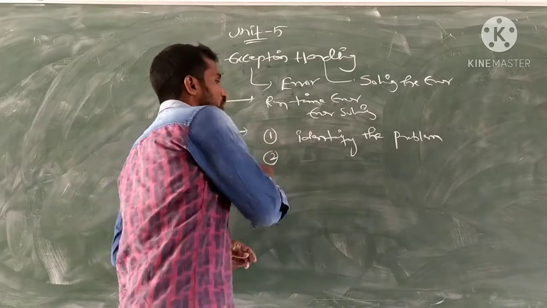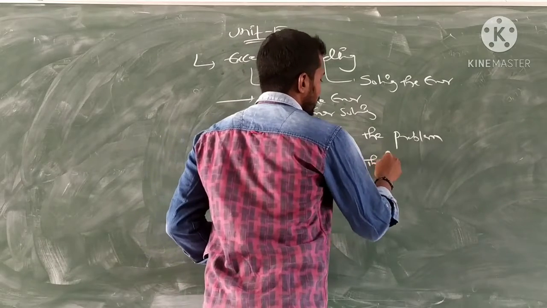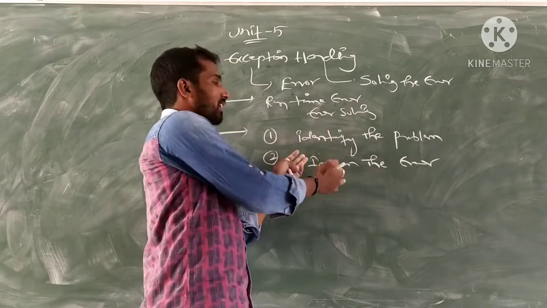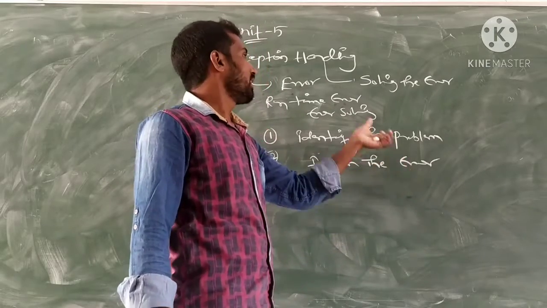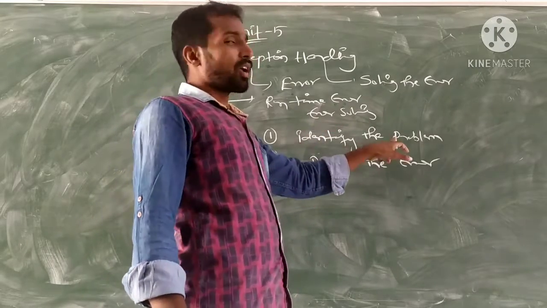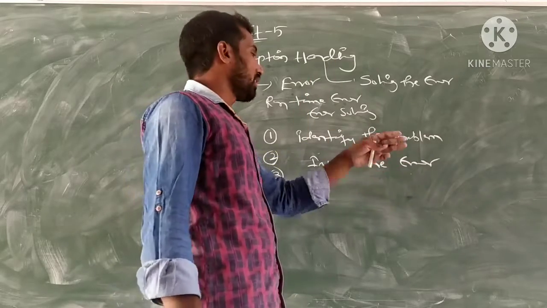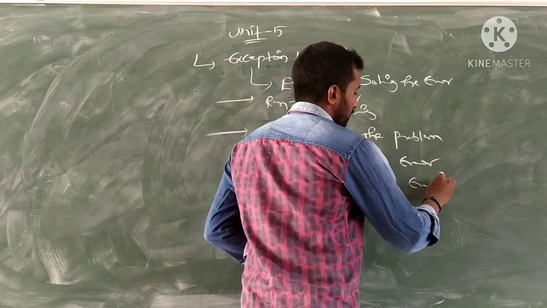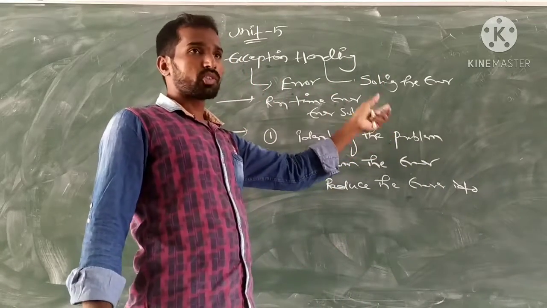The second step is to inform the error. When we identify the problem or error, we inform the error to the interpreter or compiler of the program.